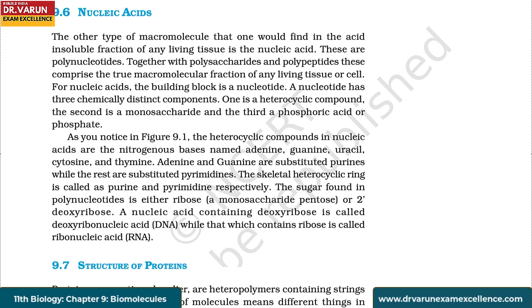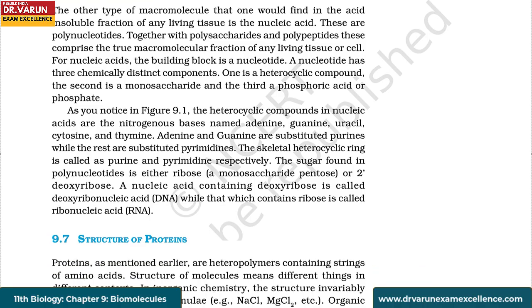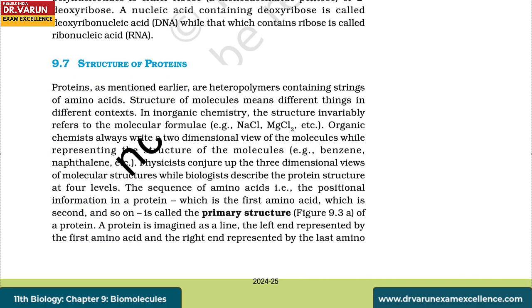The sugar found in polynucleotides is either ribose, a monosaccharide pentose, or 2-deoxyribose. A nucleic acid containing deoxyribose is called deoxyribonucleic acid, DNA, while that which contains ribose is called ribonucleic acid, or RNA.